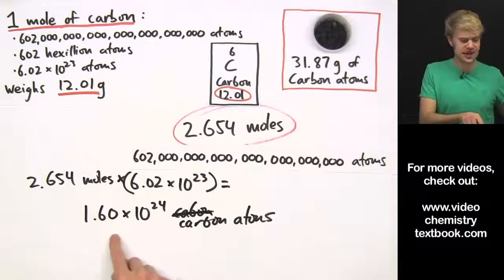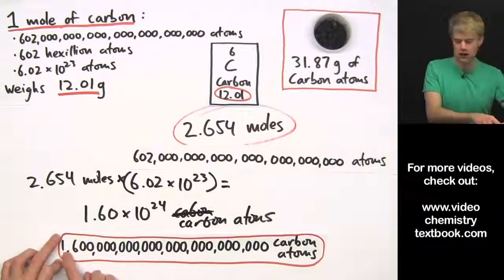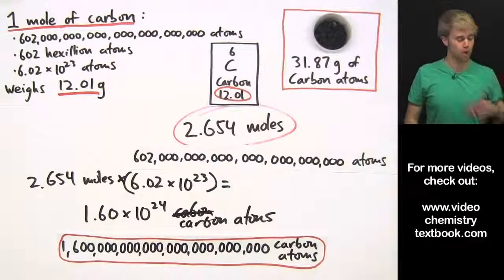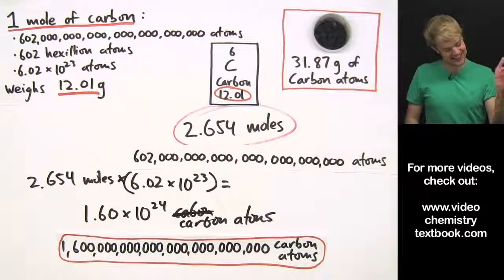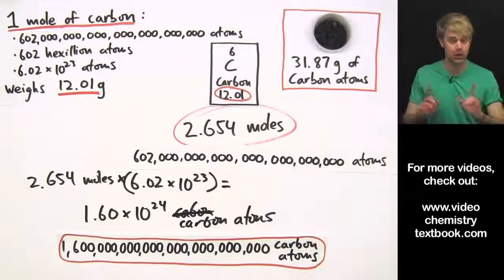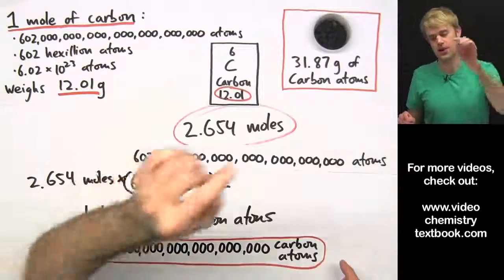So let's put this out of scientific notation. And this is the number of carbon atoms that we have when we put all those zeros in. A whole bunch. 1 heptrillion, 600 hexillion carbon atoms.